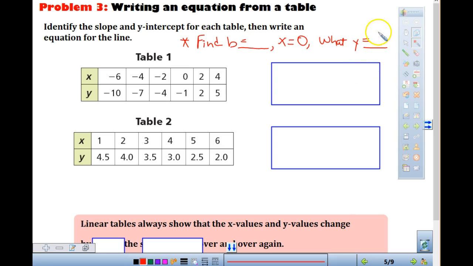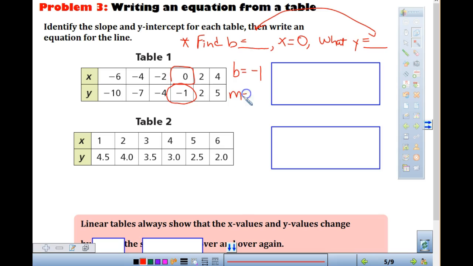Okay? So these two things are going to be the exact same. So in this table, do you see an x value of 0? No. Yes, right here. Negative 6, negative 4, x is 0. What is our y value? Negative 1. So right away I can say B equals negative 1.